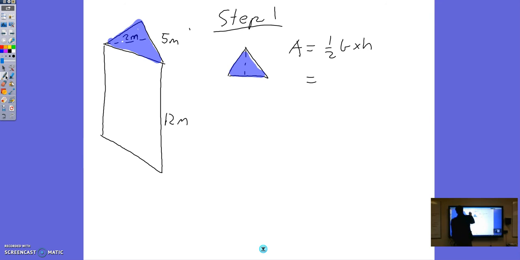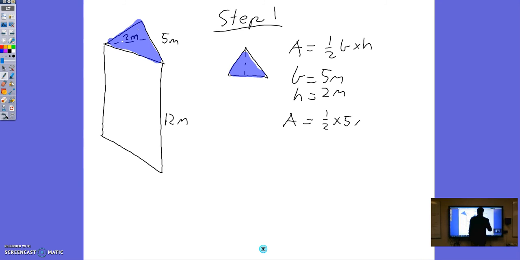The base of this triangle is 5 meters. The height of the triangle is 2 meters. So the area of our cross-section is a half times 5 times 2, which is half of 10, which is 5. So we are looking at 5 meters squared as our cross-sectional area.